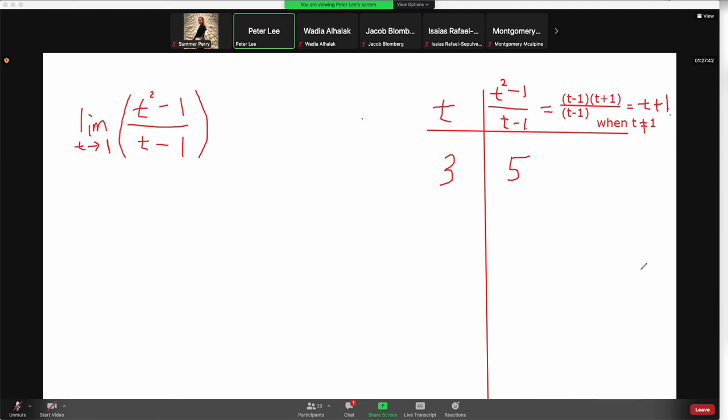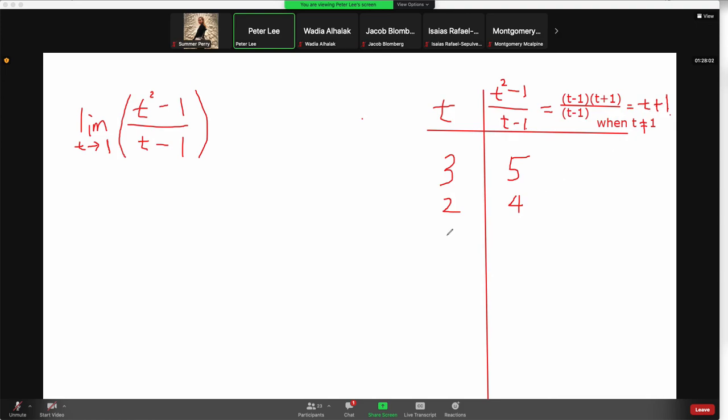So when t equals 3, what is the value of that expression, t squared minus 1 over t minus 1? That's 4. What happens when t is equal to, let's say, 2? Then t squared minus 1 over t minus 1, which is basically t plus 1, is 3.